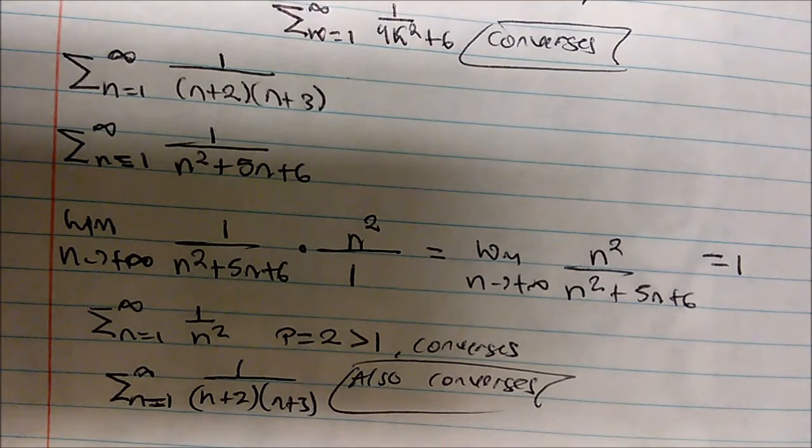So this is the general idea behind the limit comparison test. We're using the p-series as the deciding factor to determine whether the series converges or diverges, okay?